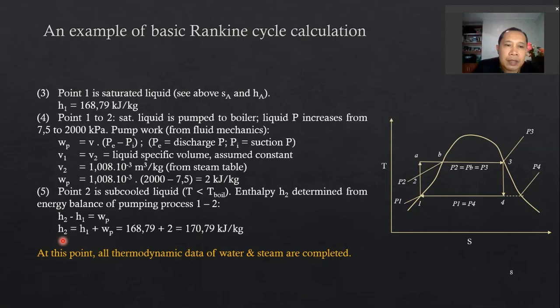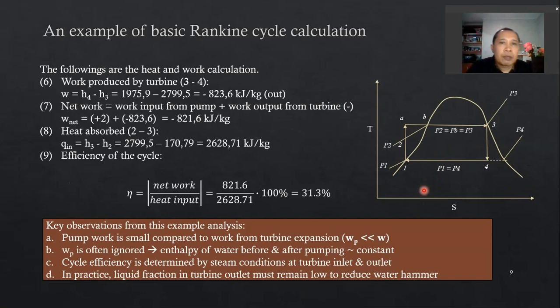So we have an increase in enthalpy of the water because energy is being input to the water by the pump. At this point, all thermodynamic data of water and steam at all points are completed. We have all the H, S, T, and P of all these points, so we can proceed with the calculation of heat and work.